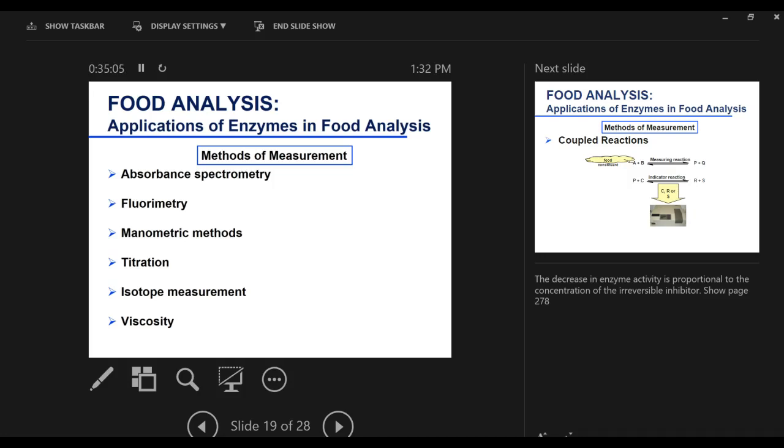Other means for enzymatic assays: manometric, for changes in pressure. Let's say uptake of oxygen, for example, by glucose oxidase. You can measure that by change in pressure. Titration, isotope measurement, changes in viscosity. But these are less common methods than measuring absorption.